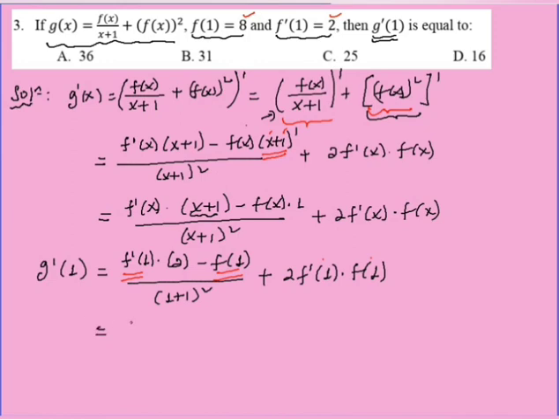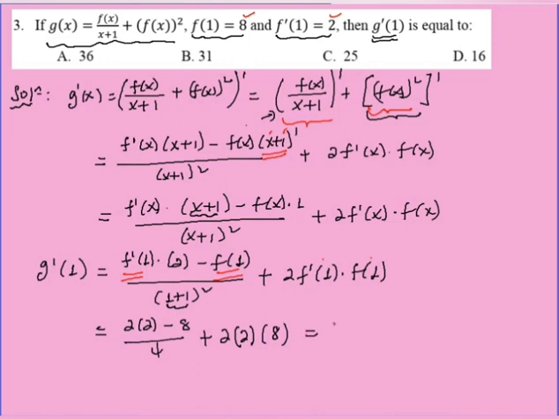Therefore f derivative at 1 is 2 times 2 minus f of 1, which is 8, over 2 square, which is 4, plus 2 times f derivative at 1, which is 2, times f of 1, which is 8.